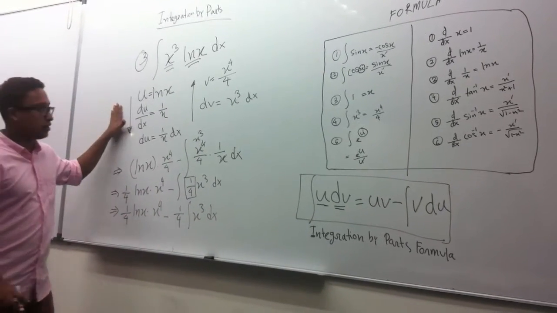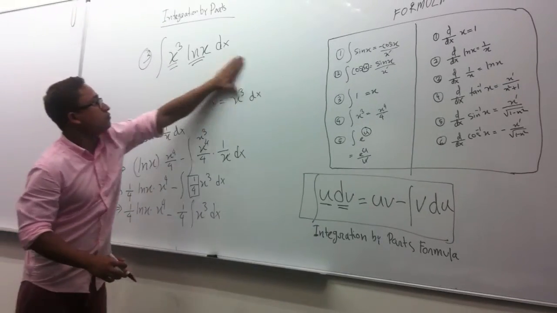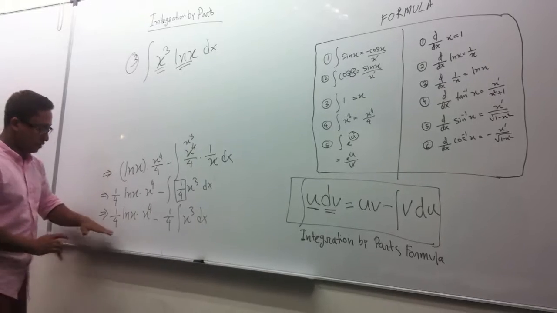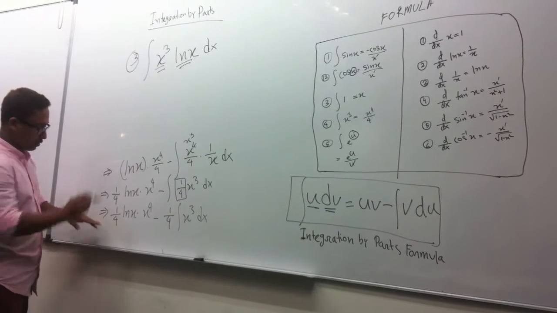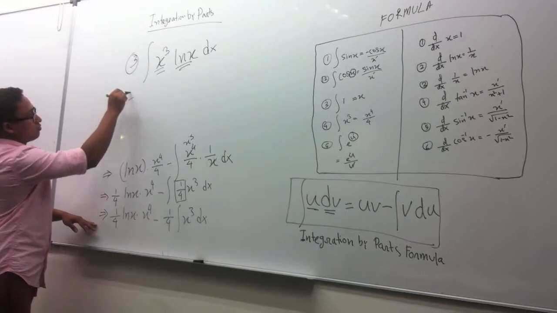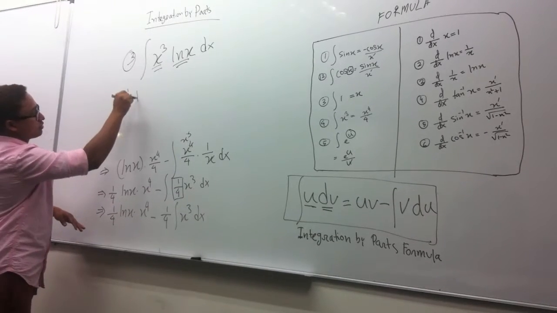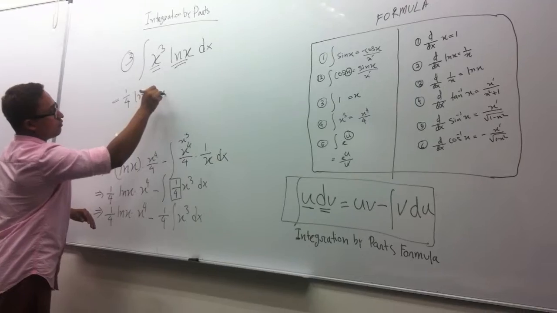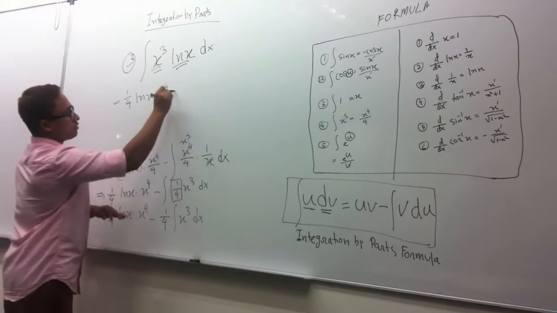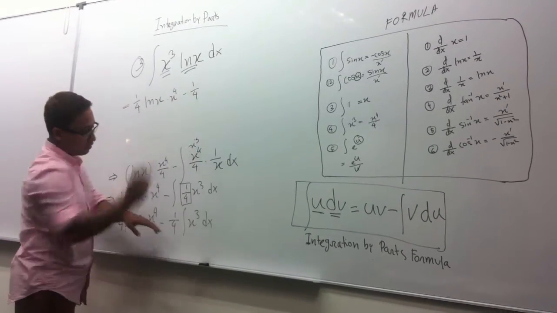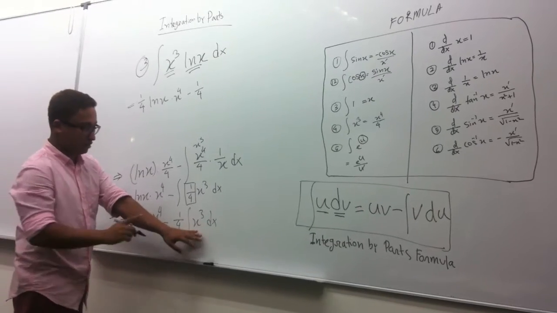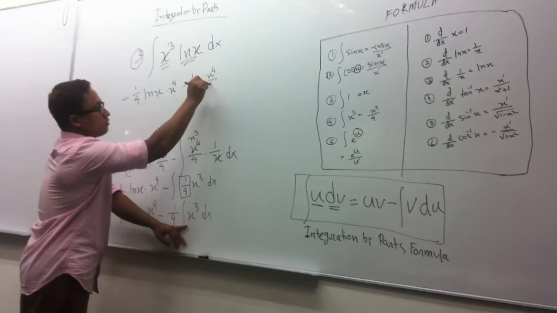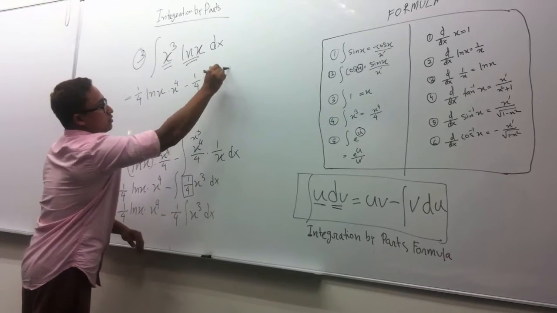So I'm going to be erasing this part. This is the equation. From this equation, 1 over 4 x to the power 4 ln x minus 1 over 4 times the integration of x to the power 3, which as I showed before is x to the power 4 over 4, plus c.